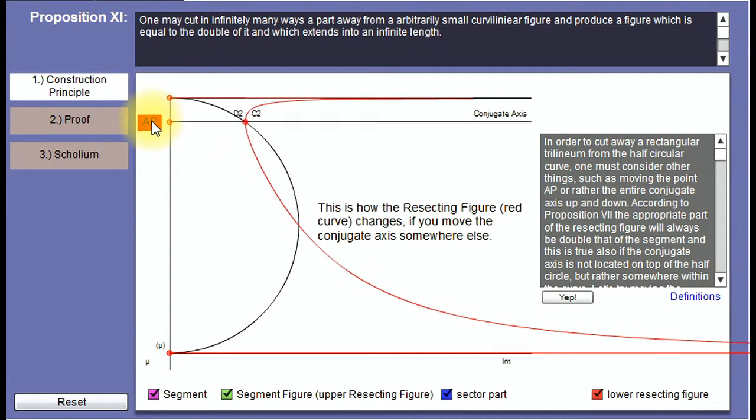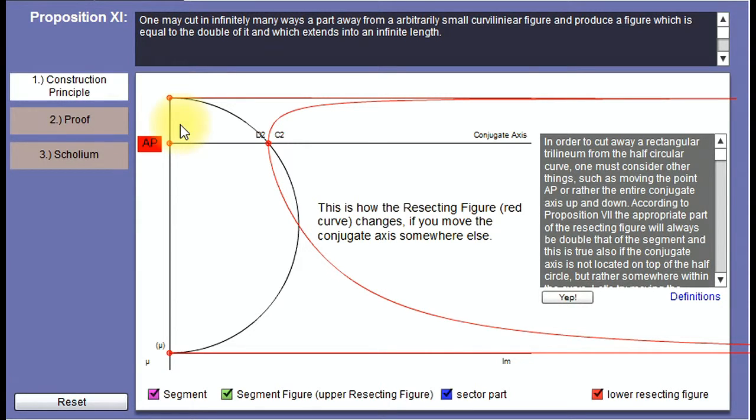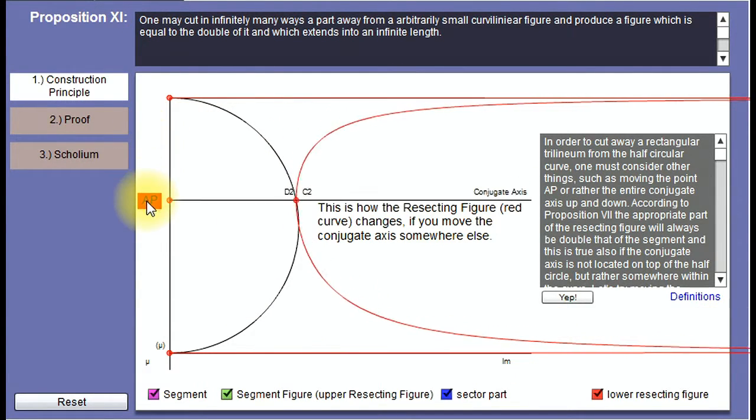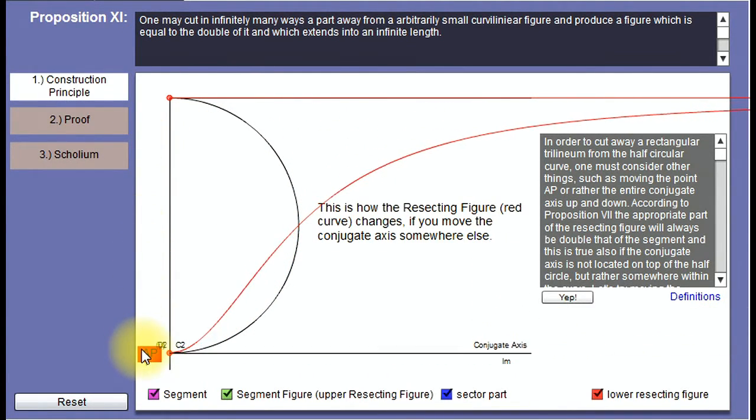As soon as you move it away from the apex point, you can consider the resecting figure basically as two parts, an upper part and a lower part, and both parts extend to infinity in length to the right here, and the lower part as well. And as soon as I reach one of the apex points again, then we just have our usual resecting figure, the same type which we were dealing with before.